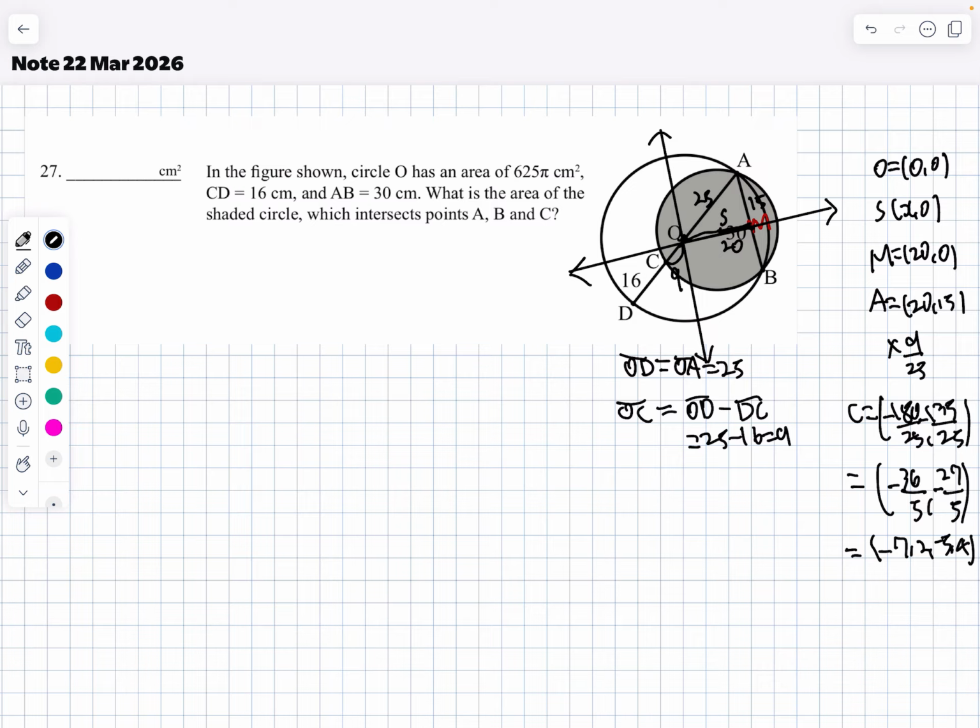Therefore, C's point is (negative 7.2, negative 5.4).